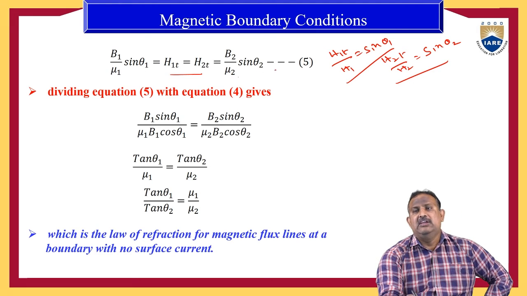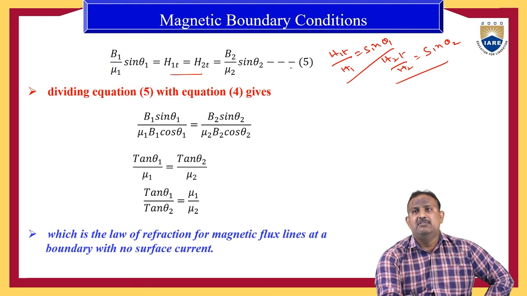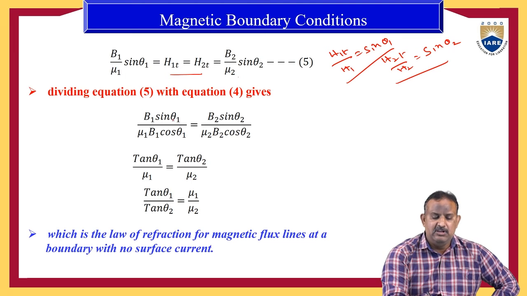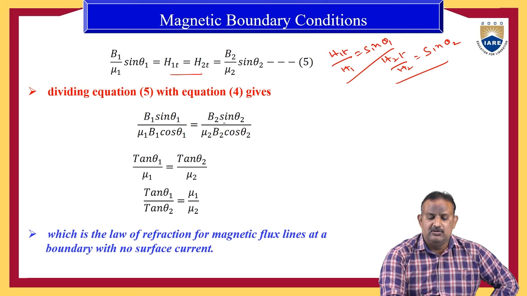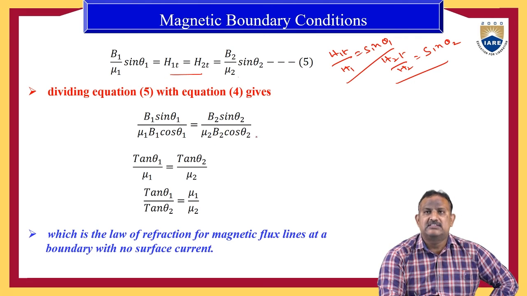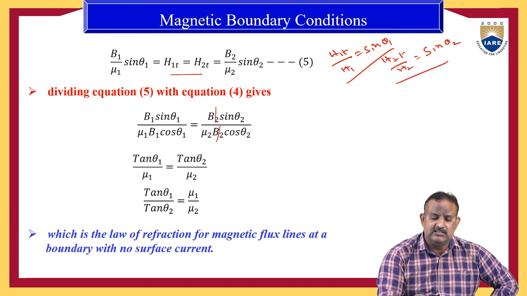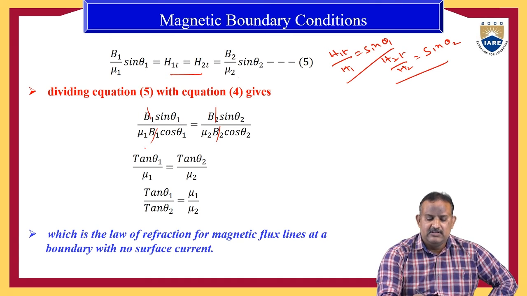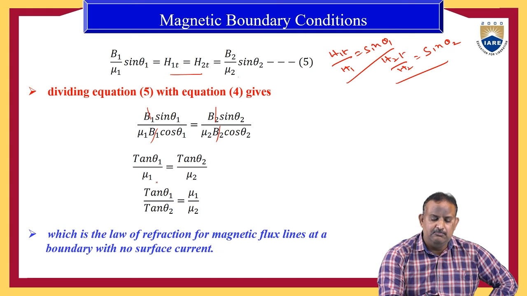If you divide equation 5 by equation 4, it is B1 sin theta 1 by mu1 B1 cos theta 1 is equal to B2 sin theta 2 by mu2 B2 cos theta 2. So B2 cancels, and B1 cancels. Sin theta 1 by cos theta 1 is tan theta 1, so tan theta 1 by mu1 is equal to tan theta 2 by mu2.